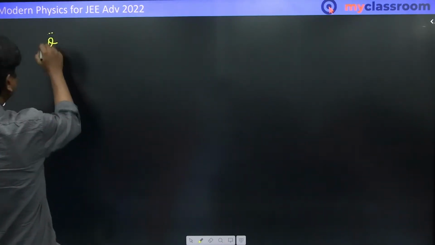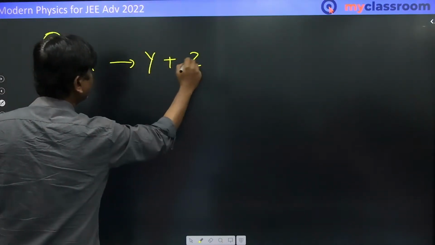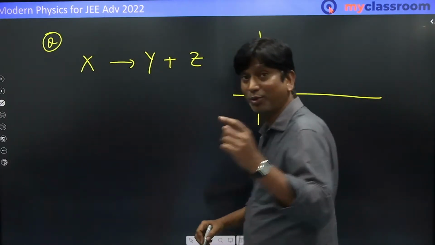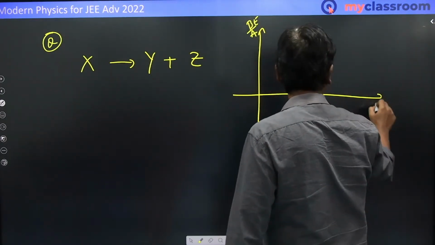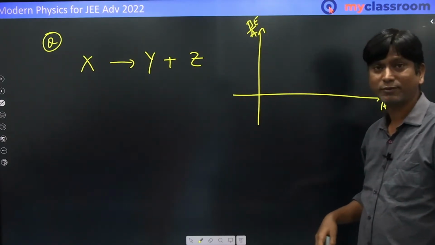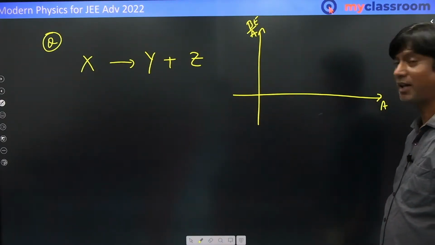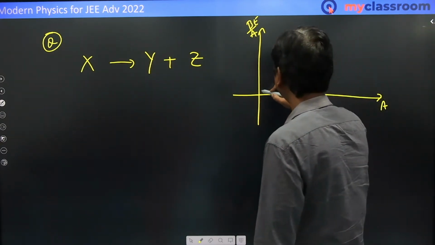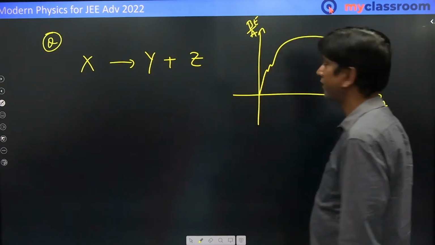See, generally in a nuclear fission reaction, suppose X gives rise to Y plus Z. If you look at the binding energy per nucleon curve, binding energy per nucleon versus mass number, you will get something like this, gradually decreasing.